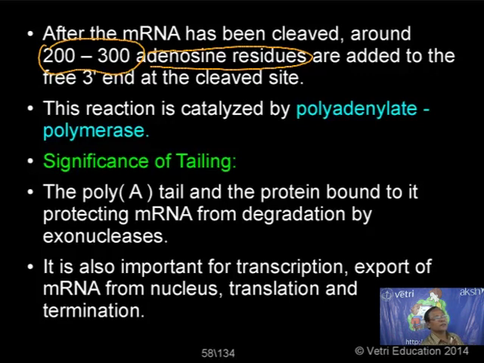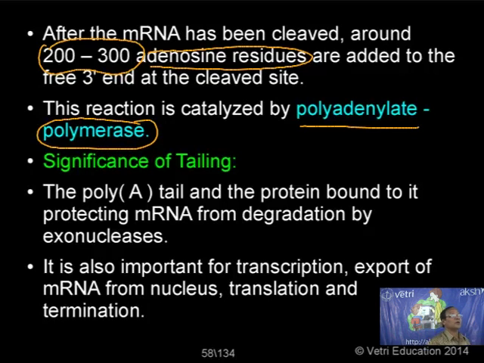So capping occurs at the 5' end, and tailing occurs at the 3' end. This is performed by the polyadenylate polymerase enzyme, because there is formation of a polymer, with many adenine residues added to the 3' tail end.